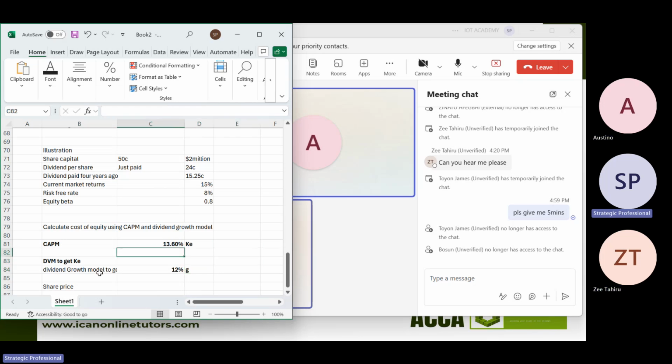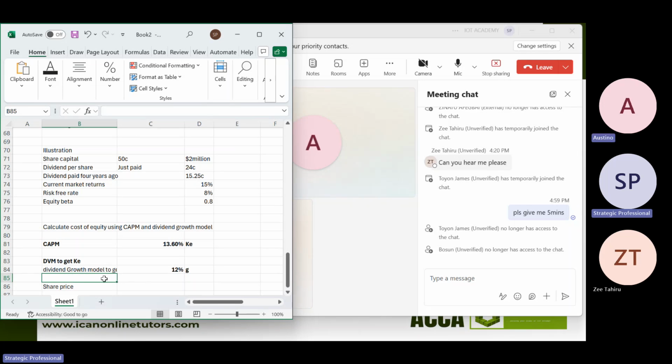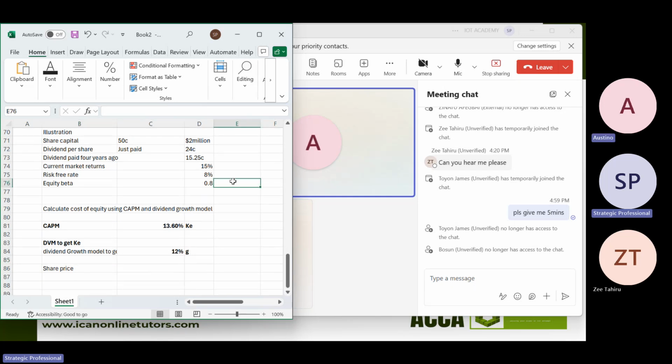So you can see that the part I added, using the DVM to calculate Ke, the question originally was not designed to do that. The question was to calculate your share price, your cost of equity, your growth, and your share price from this data. We only infused that to have a broader knowledge of how to use it.